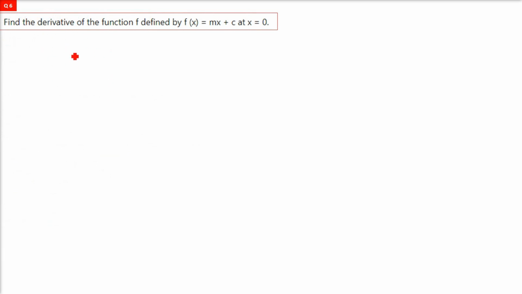Find the derivative of the function f defined by f(x) equals mx plus c at x equals 0. Now what we do generally is the question is put in front of us and we just try to solve it. But the thing is that this is a line, y equals mx plus c. You must observe and understand that this is a straight line and the derivative of this line will be m.